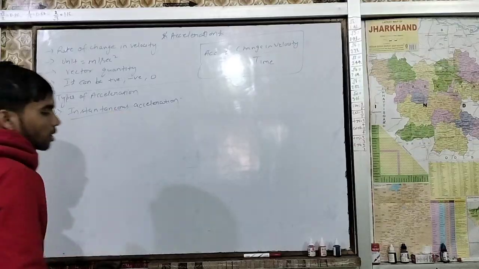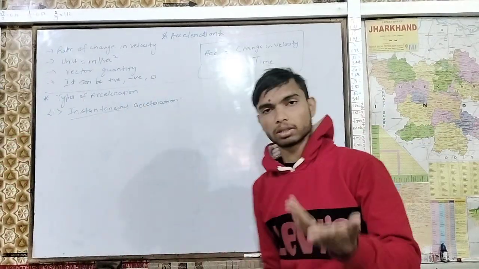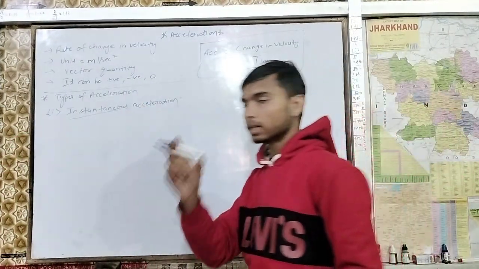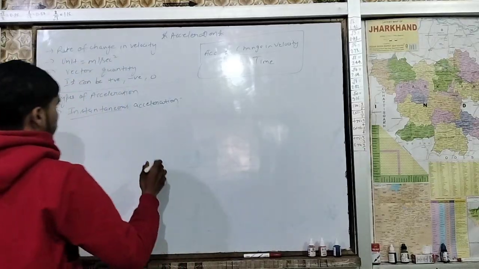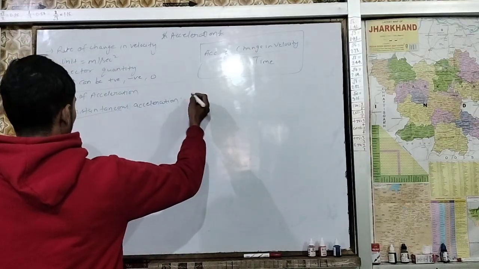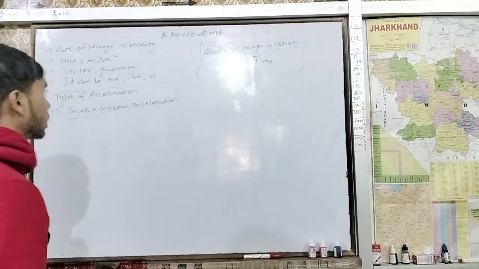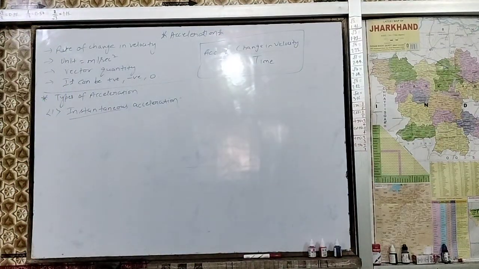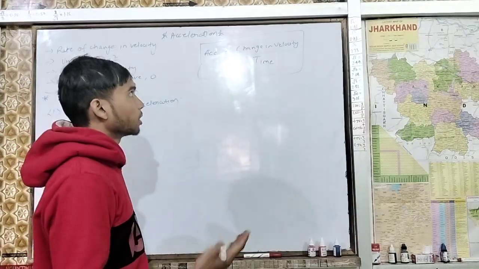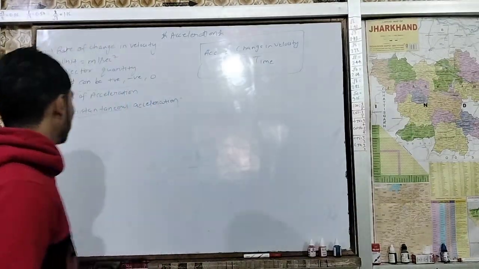Remember, whenever the word instantaneous comes, understand that it is talking about the current aspect. The definition: acceleration at a particular time is known as instantaneous acceleration, the change in velocity at a particular time.